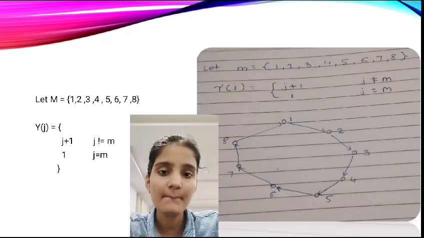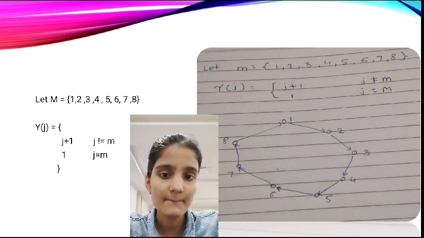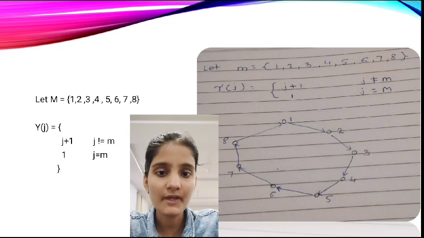Let M be the set 1, 2, 3, 4, 5, 6, 7, 8, that is, 1 up to 8. Then tau of j is j plus 1 when j is not equal to m, and when j equals m, we take 1. In this diagram we start from 1.